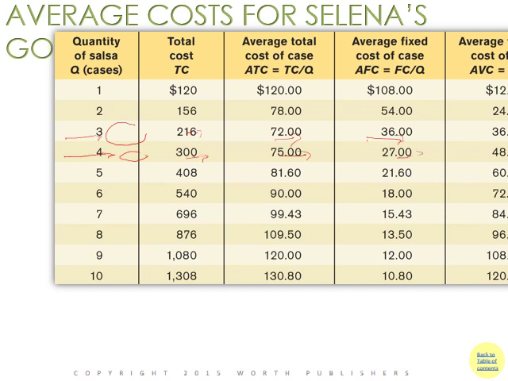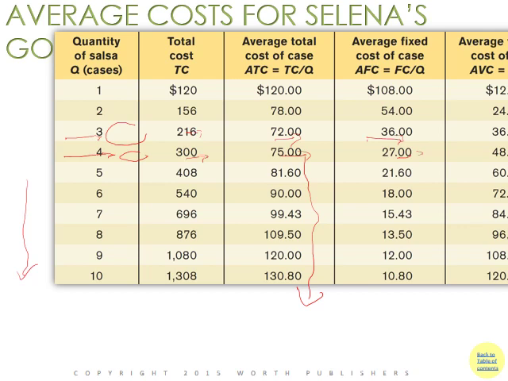And using these identities, we could fill in the rest of this table. And what we see is, as output increases, average fixed cost goes down because we're taking a given fixed cost and spreading it out over additional production units.